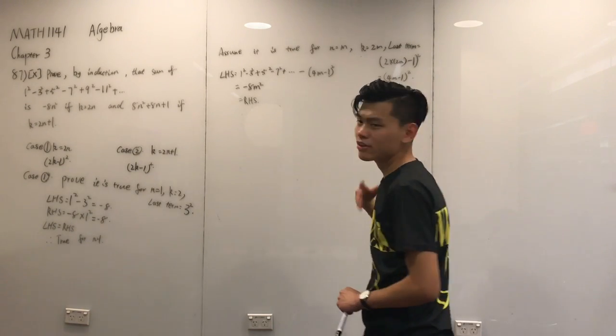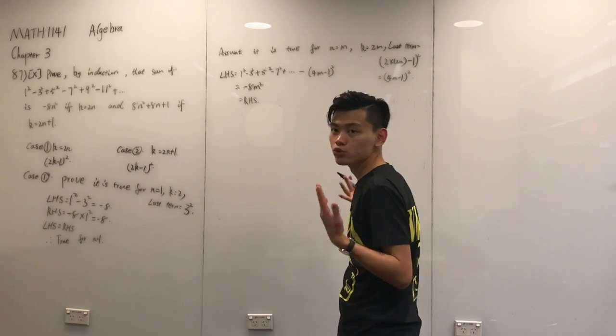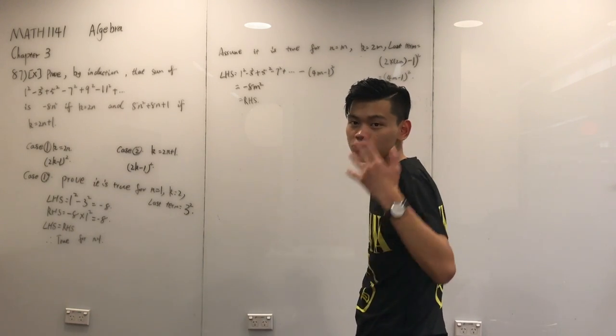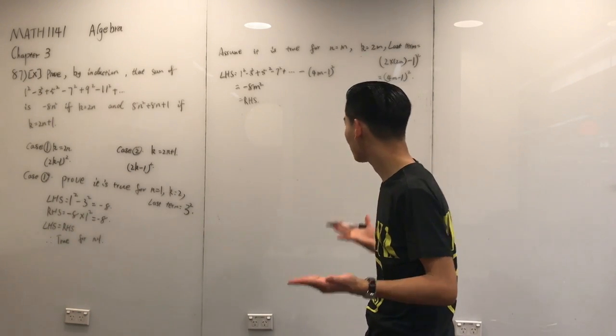Now we make an assumption that it is true for n equals m. Now we need to prove it is true for n equals m plus 1.